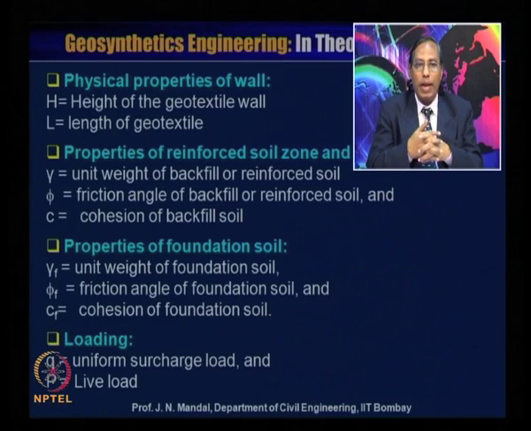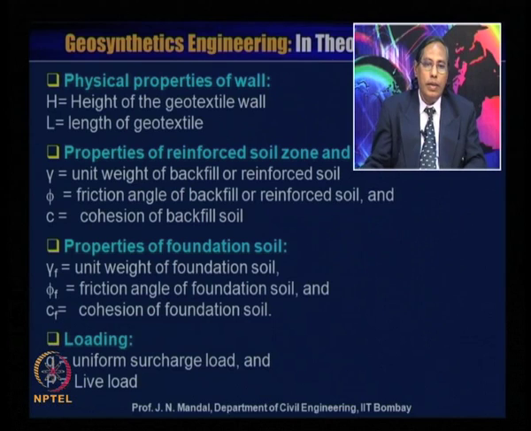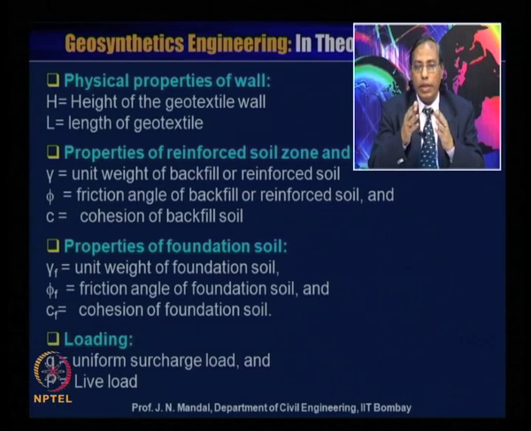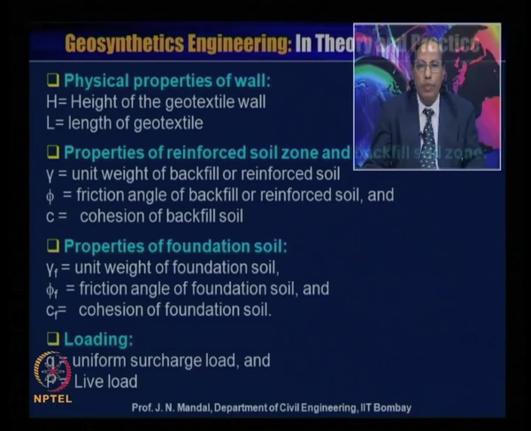If it is a backfill it is φb, and if it is a reinforced soil zone, it is φr. And C is cohesion, or Ca you can say adhesion. Properties of the foundation soil: γf unit weight of the foundation soil, φf friction angle of the foundation soil, and Cf is the cohesion of the foundation soil. And for the loading, q is the uniform surcharge loading, and P is the live load, which we have also seen in the figure earlier.